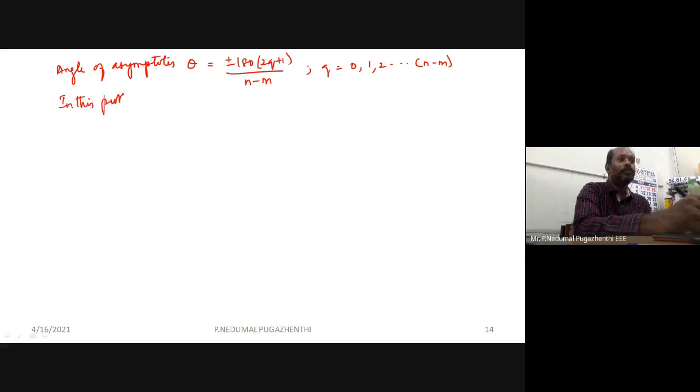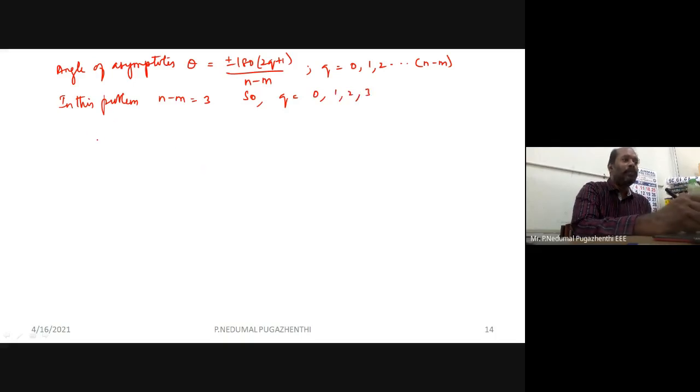Theta is equal to, the formula is: plus or minus 180 degrees times 2q plus 1, divided by n minus m, and q varies from 0, 1, 2 up to n minus m. Here in this problem, n minus m is equal to 3.